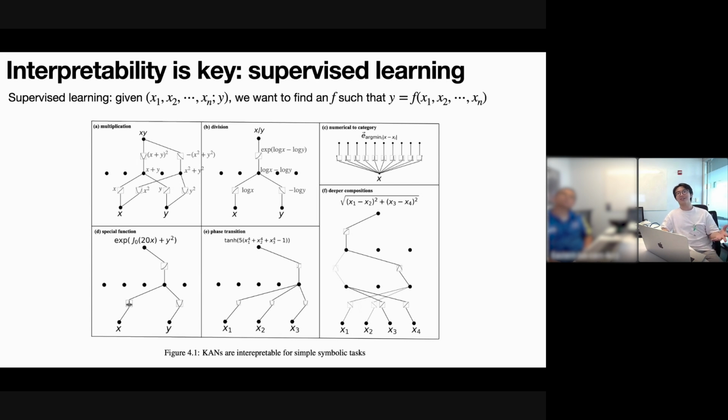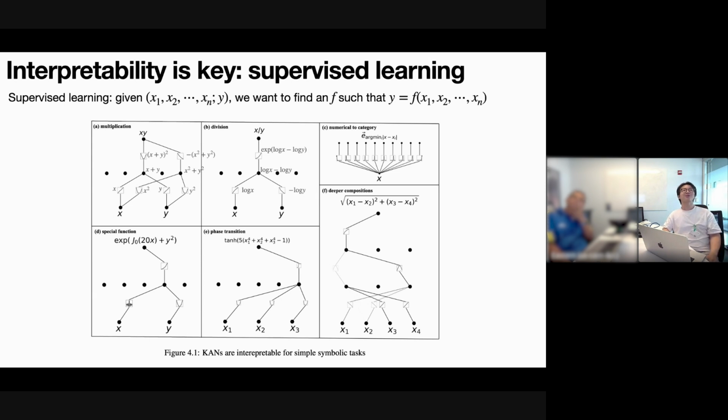It's interesting that I did not expect KANs would implement multiplication in this way, but after I trained my KANs, I realized that it discovers a really clever trick here. So basically, there are 2 hidden nodes here. One hidden node is computing x plus y followed by a squared activation, so you get (x plus y) squared. And the second hidden node has activation x squared plus y squared, followed by a minus sign.